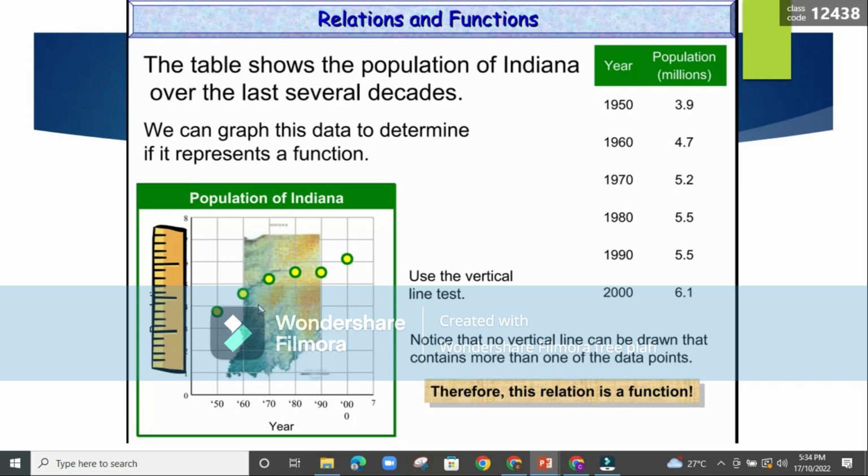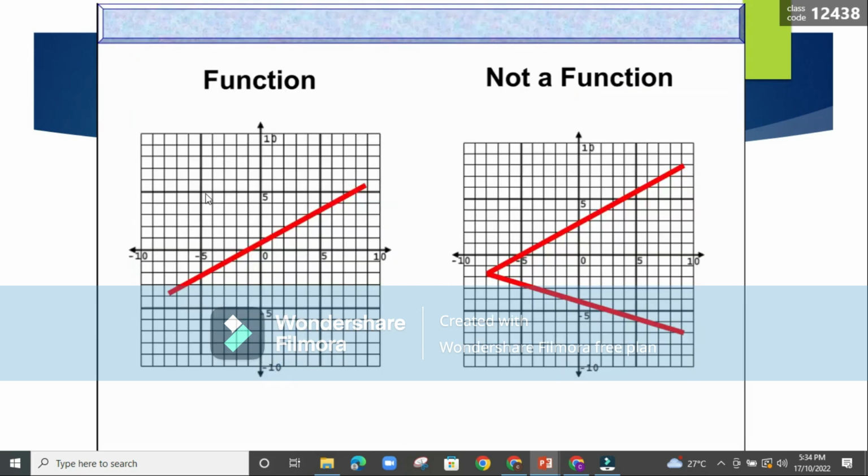Using the vertical line test with this ruler, notice that no vertical line can be drawn that contains more than one of the data points. Therefore, this relation is a function. Okay, I hope that's clear. Now let's proceed.